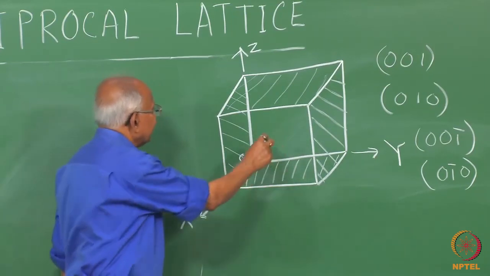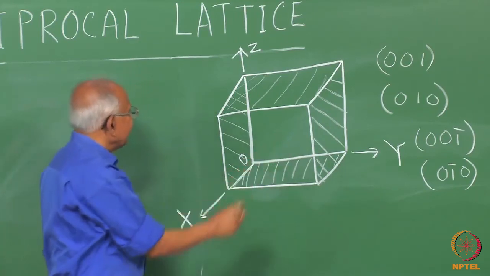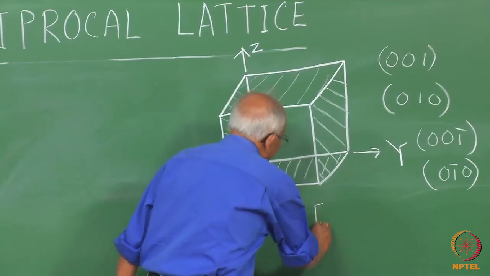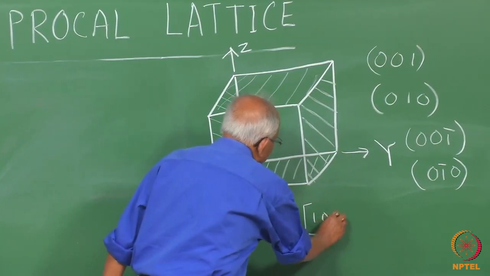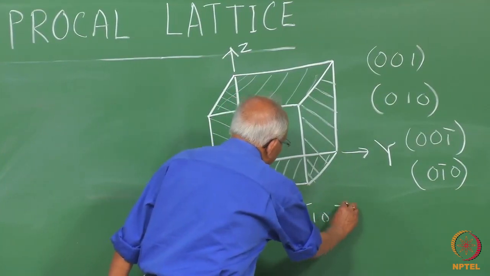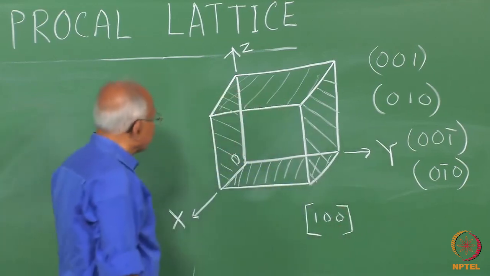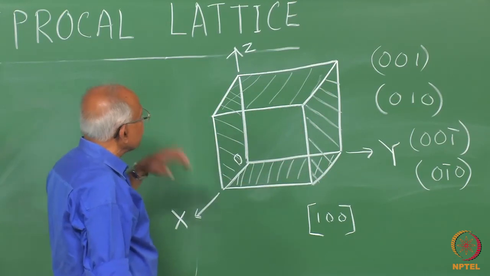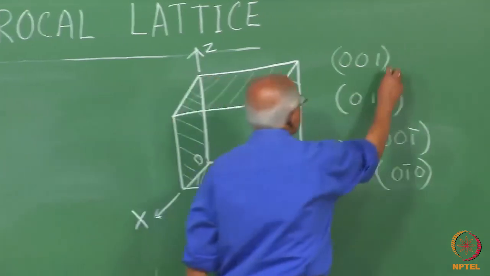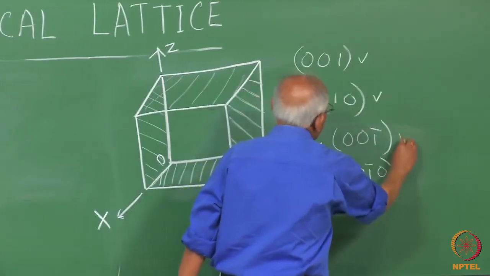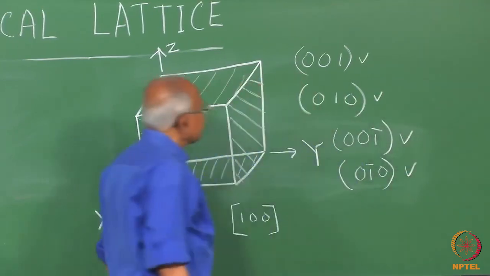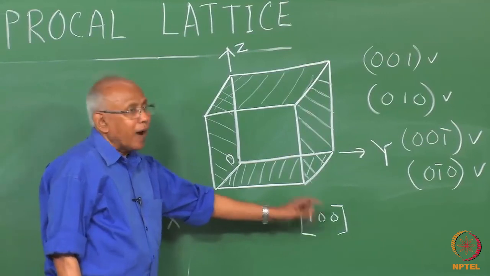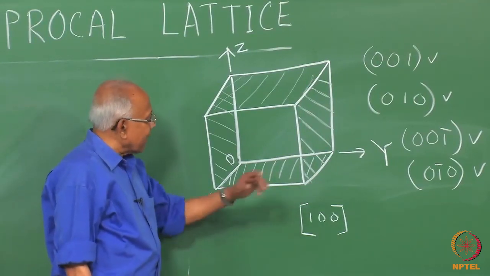This direction in the cubic unit cell is nothing but the 1, 0, 0 direction. 1, 0, 0 direction is perpendicular to the 1, 0, 0 plane. So, what we find is that each one of these 4 planes is parallel to the same direction, 1, 0, 0.